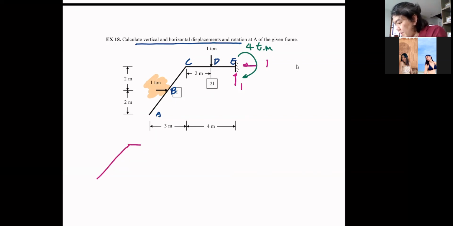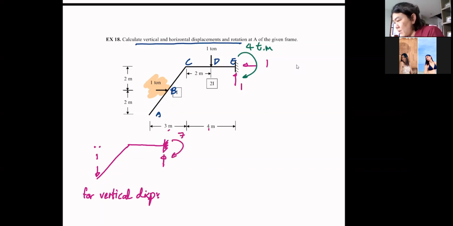To obtain the vertical displacement, I need to apply the vertical unit load 1 here. So this is for vertical displacement. Okay, that's 1. This is 1. Because they are 7 meters apart, that's 7.